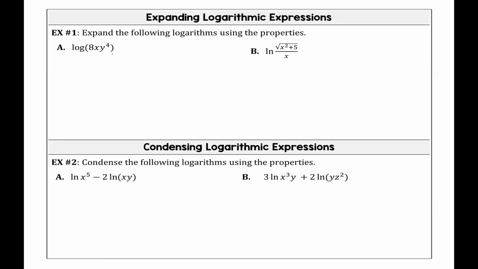There are 3 factors, so I can create 3 terms. Does that make sense? So we have log of 8 plus log of x plus log of y to the 4. The first rule we applied was our product property. I'm going to call it PP. Product property was applied.